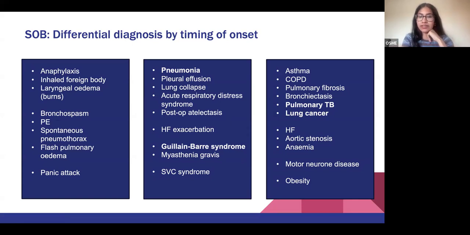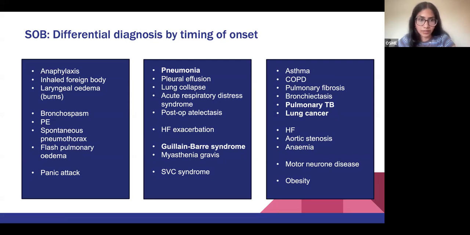Just quickly going through these three different differentials. In bold are the things that you should exclude, but a lot of the ones on the left will be life-threatening, as I said. Firstly, anaphylaxis, inhaled foreign body, or laryngeal edema, so swelling that's not due to anaphylaxis, is an obstructive problem.